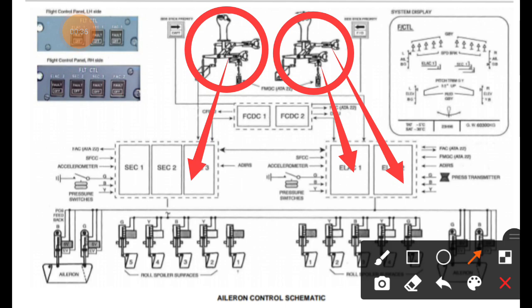After that these signals go to the aileron here and here, also to the roll spoilers wherever it is needed. So this is a very simple diagram. Let's discuss one by one.